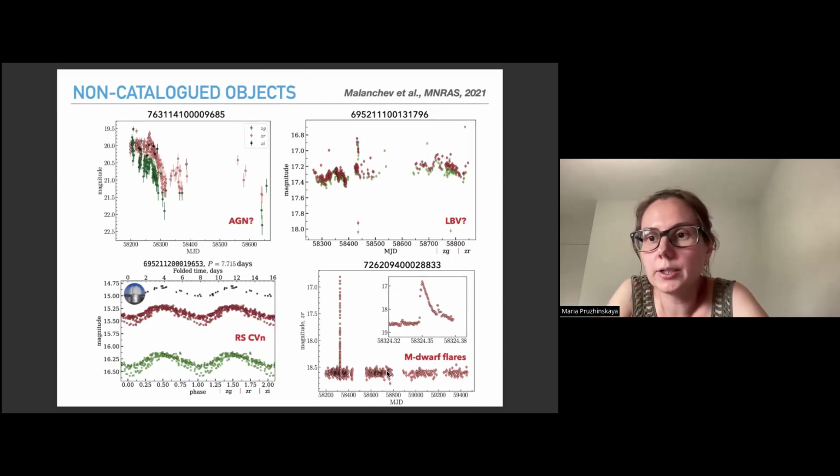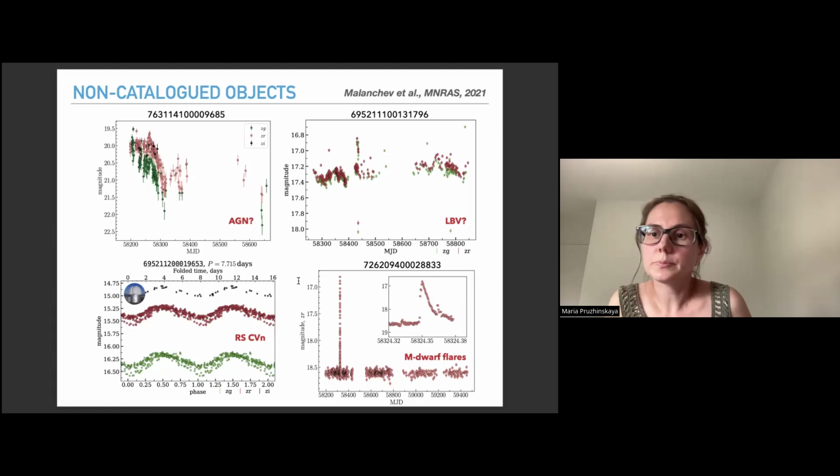So apart from doing some targeted search with active anomaly detection, we of course also do anomaly detection in general, and among the outliers that we get from the algorithm, we have a lot of non-cataloged objects like candidates in active galactic nuclei, candidates in quasars, and this nice candidate in a luminous blue variable that can potentially explode as a supernova.